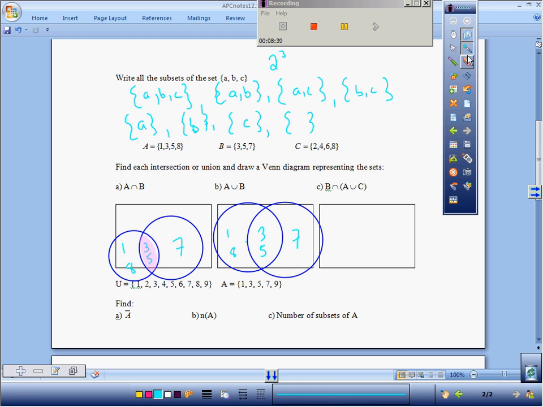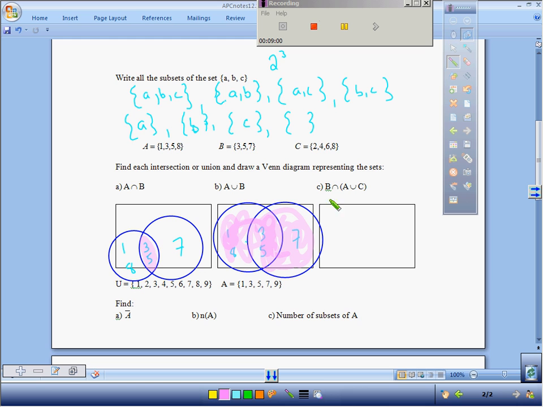The union is all of those. So if I shade the entire area, this represents the union of A and B. It's anything that's in either or. Everything that's in either this set or that set.